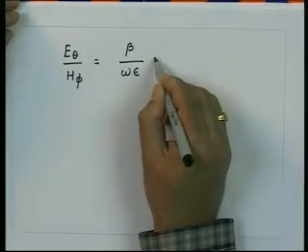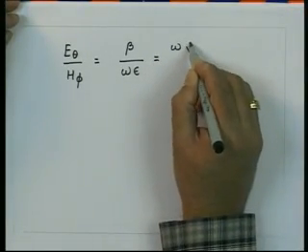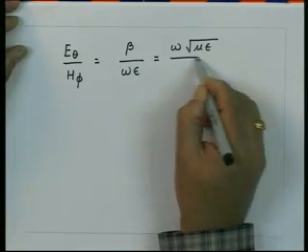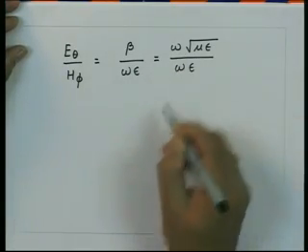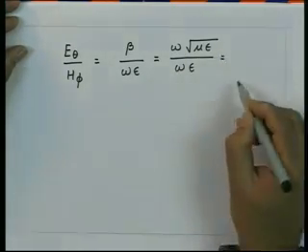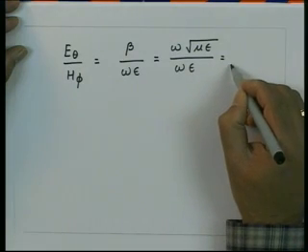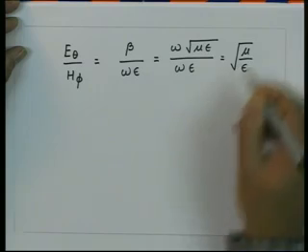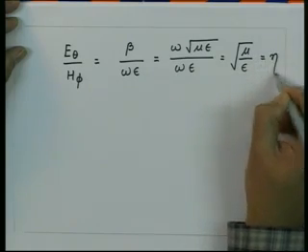And I know beta is nothing but omega square root mu epsilon, divided by omega epsilon. So, this is equal to square root of mu upon epsilon, which is nothing but the intrinsic impedance of the medium, eta.